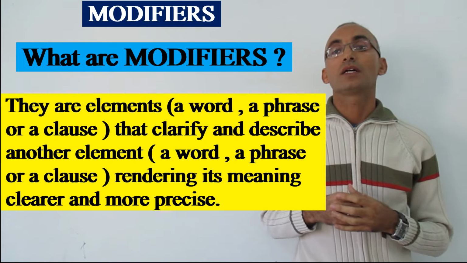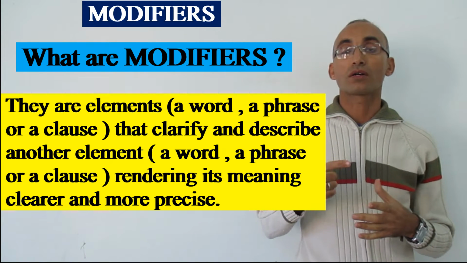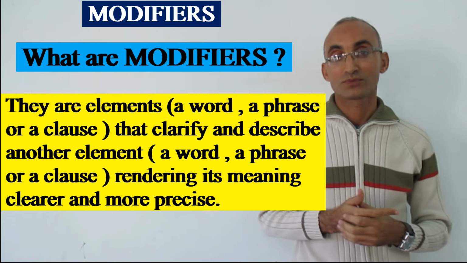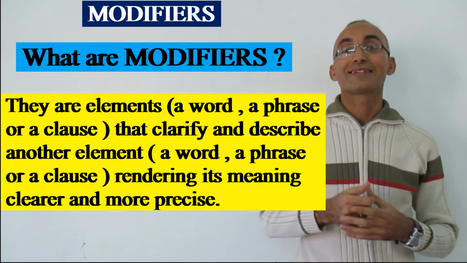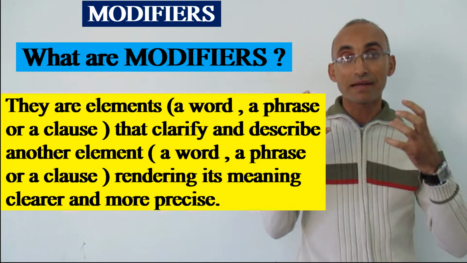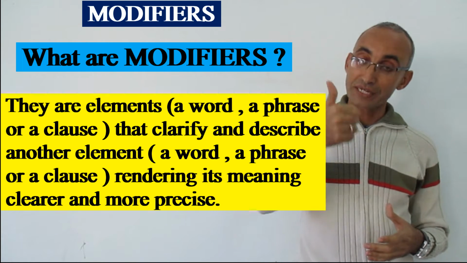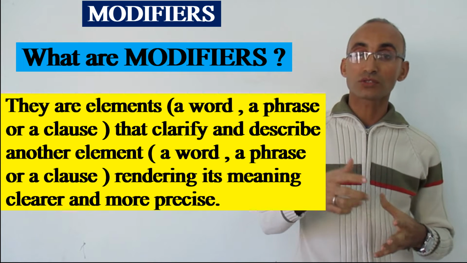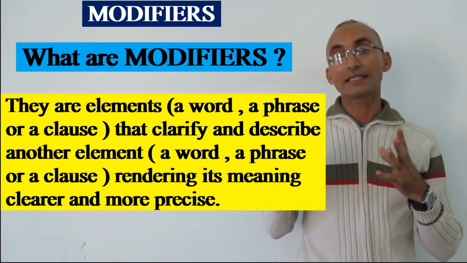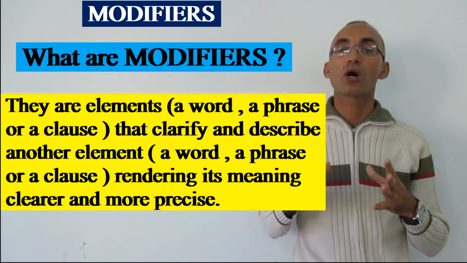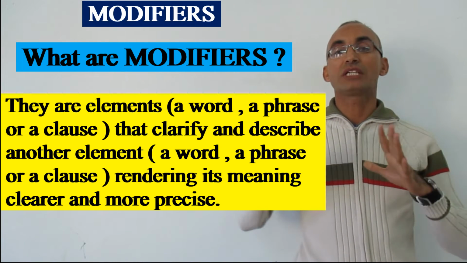It can be a word, or a phrase or a clause that clarifies and describes another word, phrase, or clause, rendering its meaning clearer and more precise. So this is the academic definition.